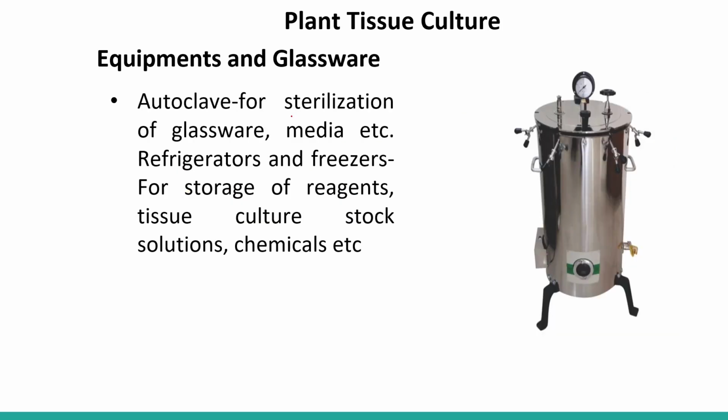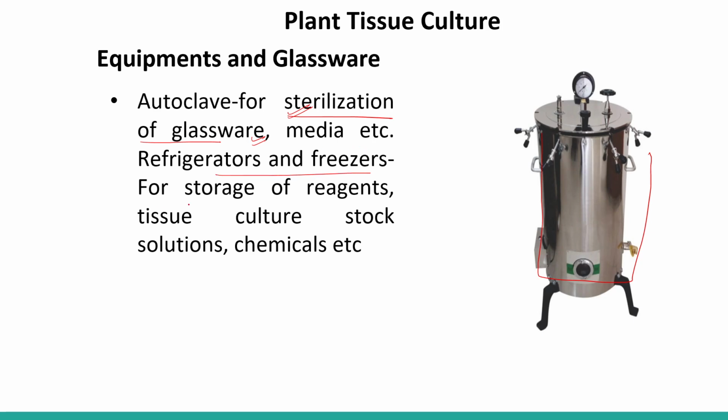Autoclave for the sterilization of the glassware. So in this particular autoclave, all the glassware are kept, right? And this autoclave sterilizes all the glassware or the media which we are using.